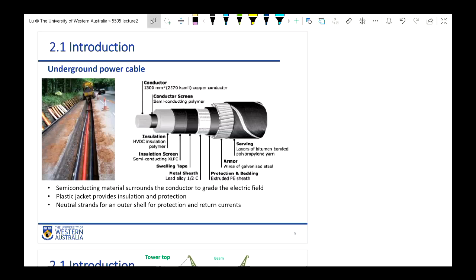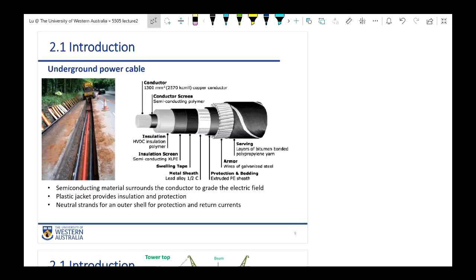I mentioned that the best options for the conductor materials are copper or aluminum. These two are very cheap and very easy to use and have very good conductivity for electricity. Okay, generally this will be used here. And in addition to the conductor, we have the insulation and the insulation screens.